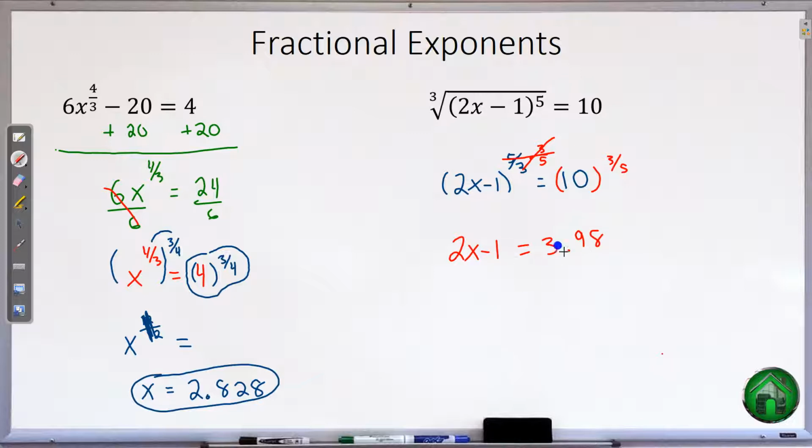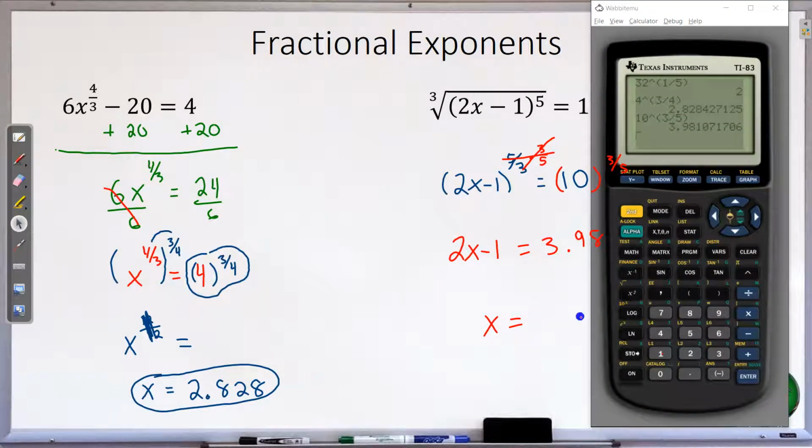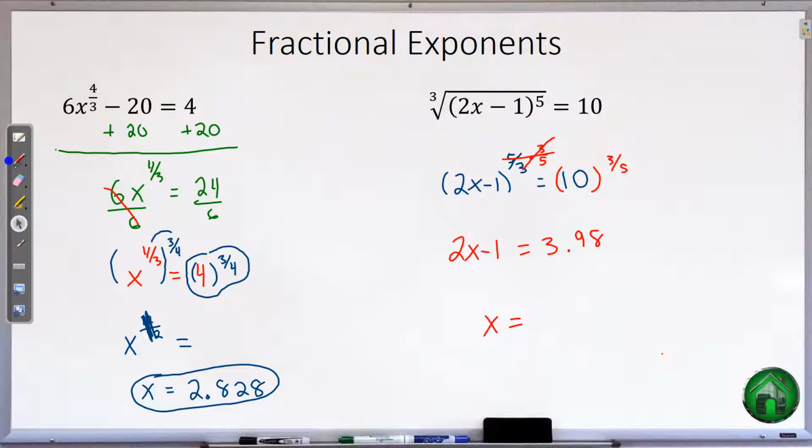And now we just add 1 and divide by 2 to finish this off. So 3.98 plus 1 is 4.98. 4.98 divided by 2 is 2.49. So the main new strategy we have here is using a reciprocal power to get rid of an exponent.